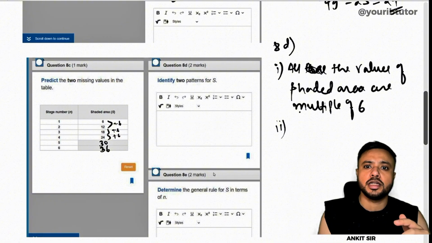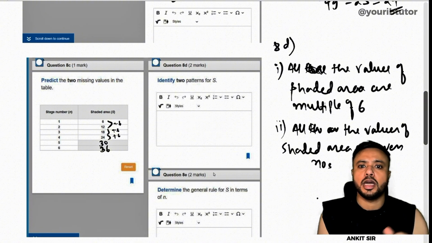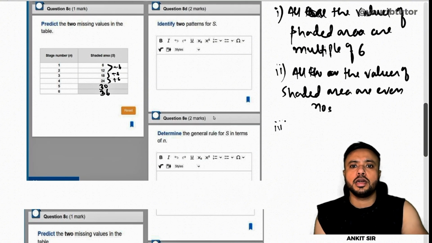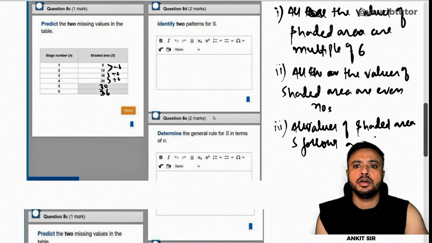The second pattern I can say is that all the values of shaded area are even numbers. I can also write, as a third option, that the values of shaded area follow an arithmetic sequence with common difference 6.